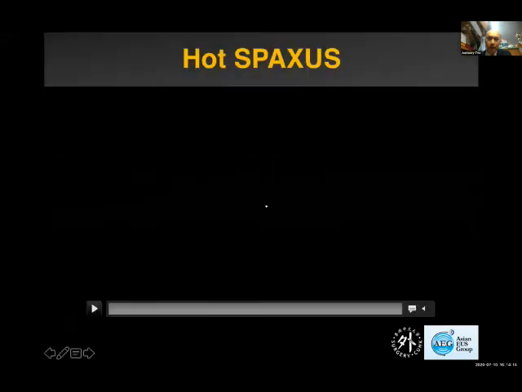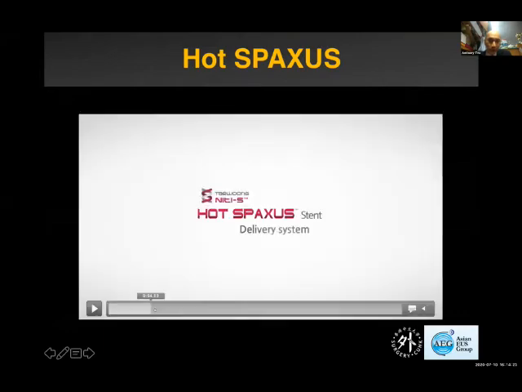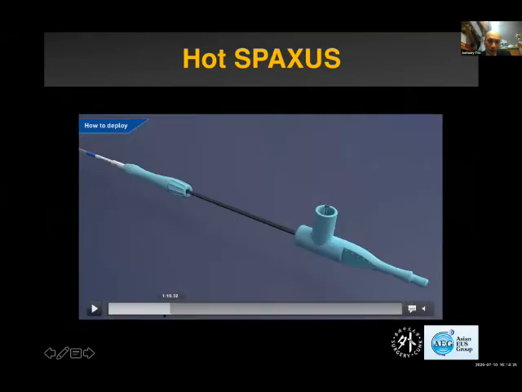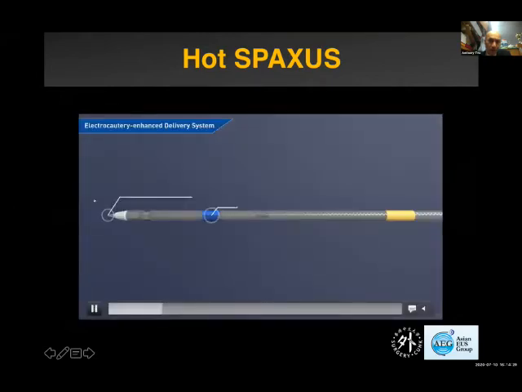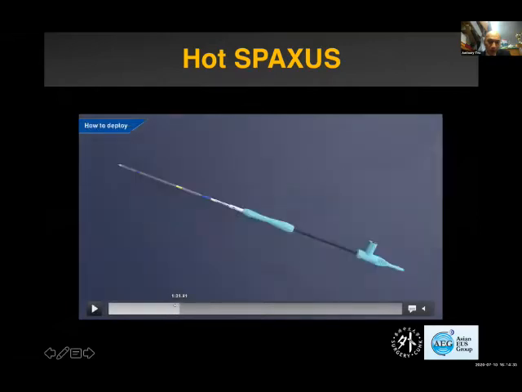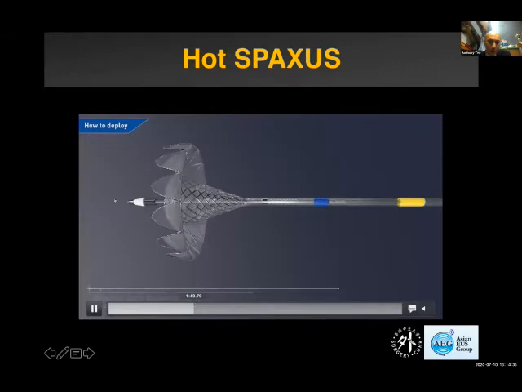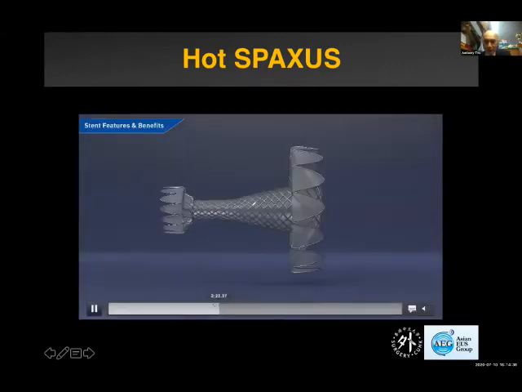For gallbladder drainage, again, this procedure is becoming more and more popular, mainly indicated for patients with acute cholecystitis. This is one of the hot systems, in which the tip has a cautery tip, again allowing the direct puncture and opening of the stent at the same time.